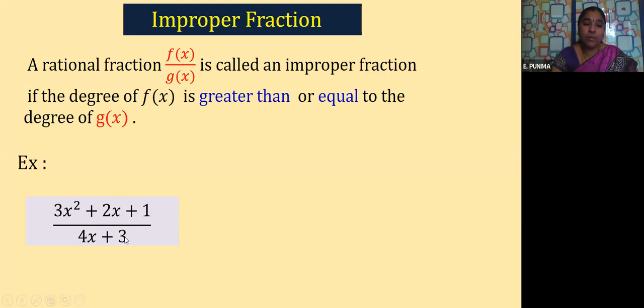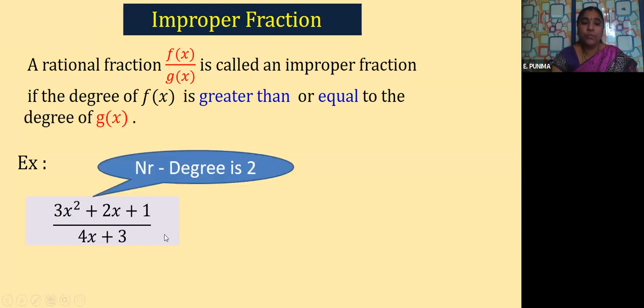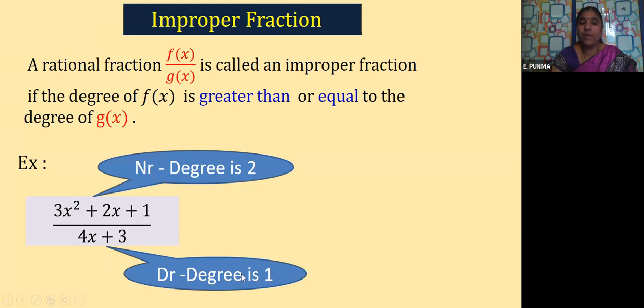And the denominator is a linear polynomial, so the degree is 1. By seeing the degrees of the polynomials, we can say that the degree of the numerator is 2 and the degree of the denominator is 1. So the degree of the numerator is more than the degree of the denominator. So this fraction is called an improper fraction.